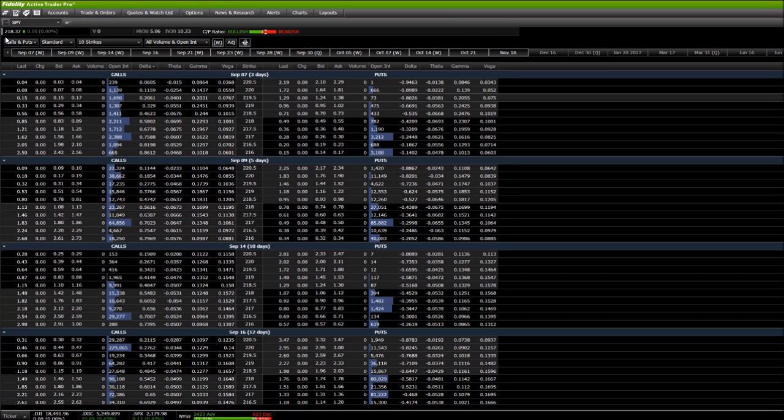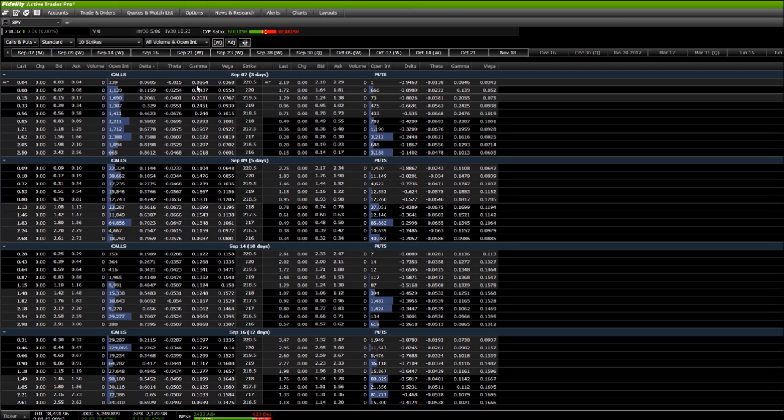So let's say SPY in one day from now is 218.37, price remains the same. That 220 option is going to drop by 2.54 cents. So all else being equal, that's the time decay that the option is going to see.